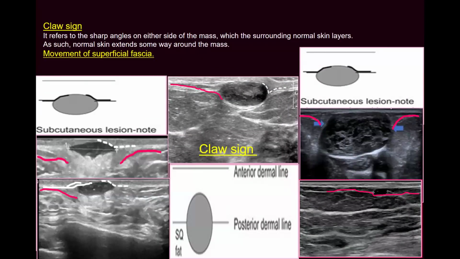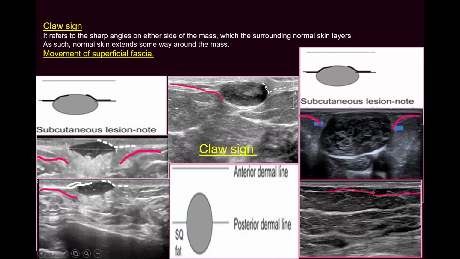The claw sign. Do you know the claw sign? In the abdomen, what does it mean? In renal lesions, to differentiate between Wilms tumor and neuroblastoma, how could you recognize that the lesion arises within the organ, or arises adjacent to the organ and distorts and invaginates into the organ?